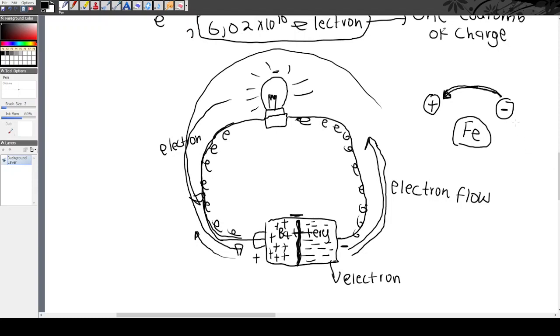Okay, say here we have an electron and a proton. The electron is attracted to the proton, the positive charge, because of a force called the electrostatic force.